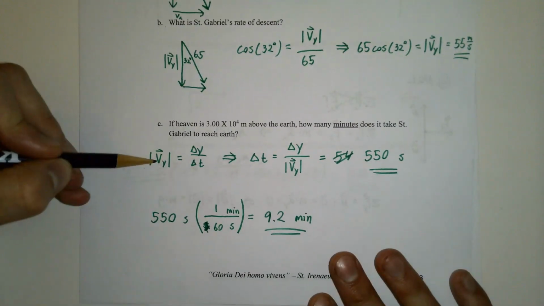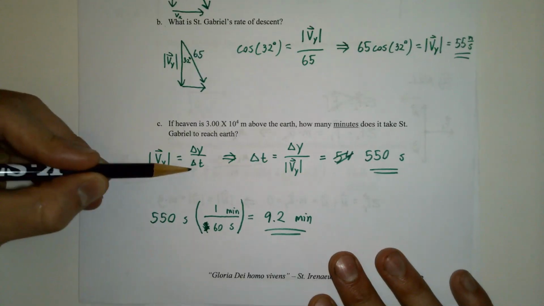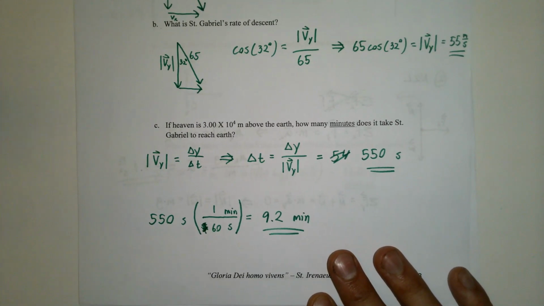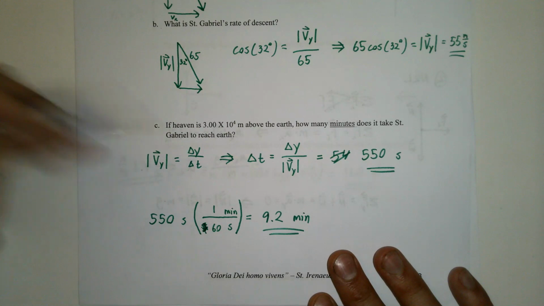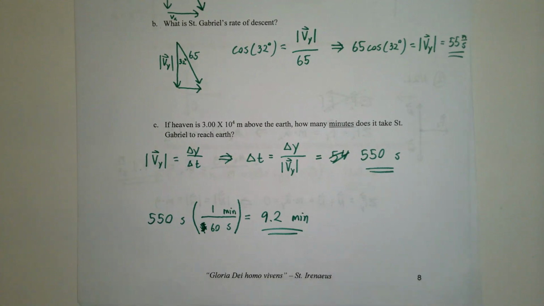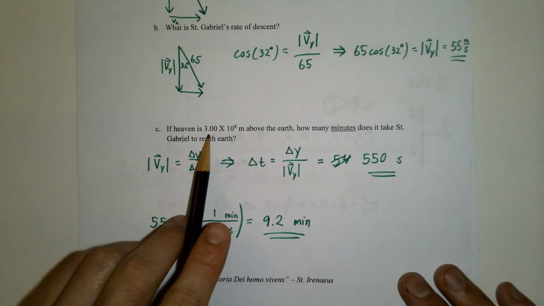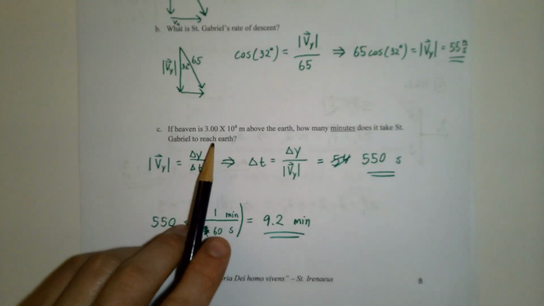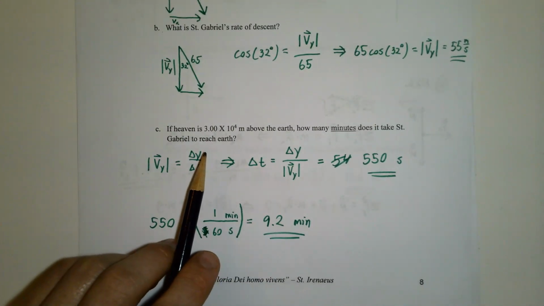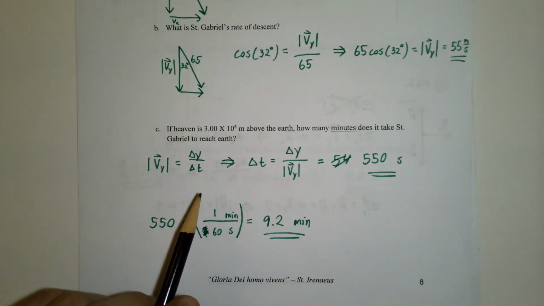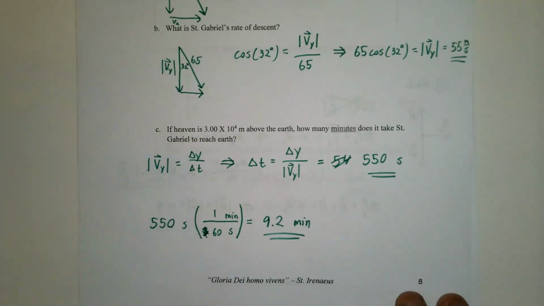We define descent velocity as change in position over change in time. That's how we define any velocity. In this case, it's in the y dimension. So what is his change in position in the y dimension? Vertically, if heaven is 30,000 meters above the earth, or 30 kilometers, that's directly vertical or directly in the y dimension.